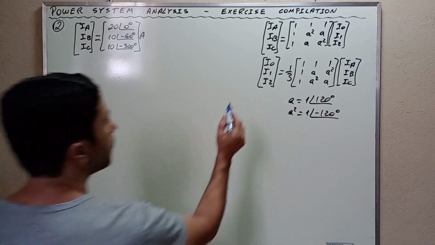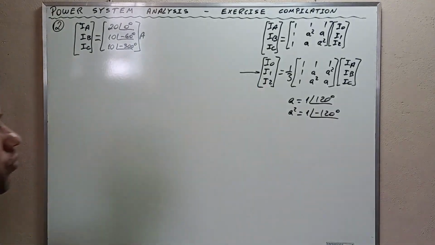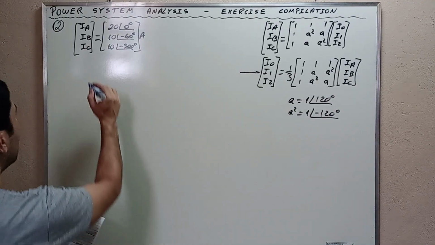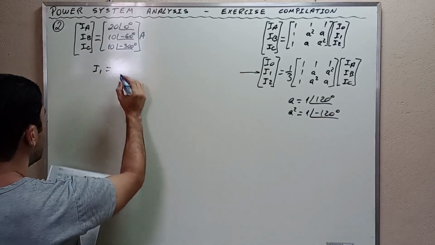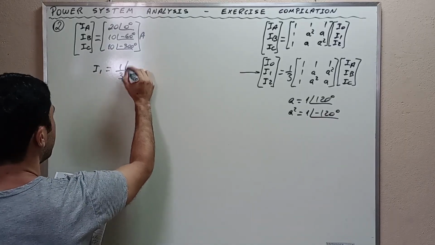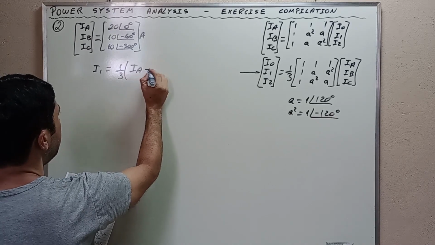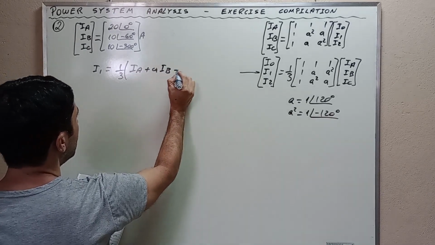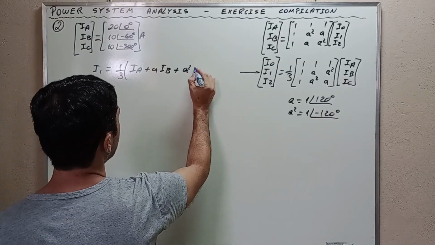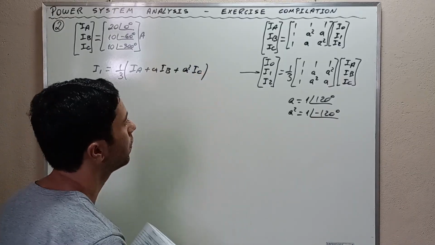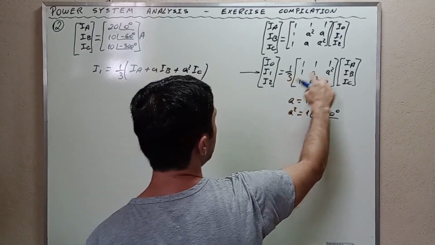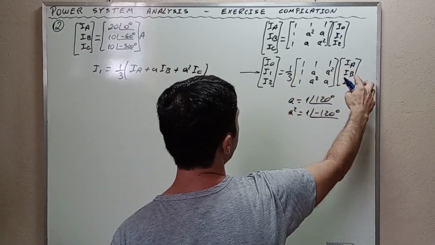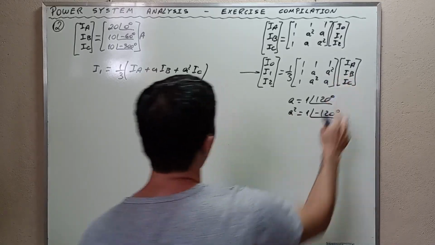We wish the positive sequence component of the current in phase A. Then I1 is going to be equal to a third of IA plus A IB plus A squared IC. Okay? A third of 1 times IA, A times IB, A squared times IC.